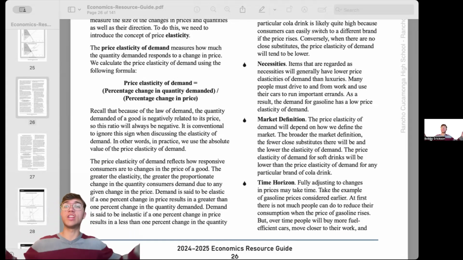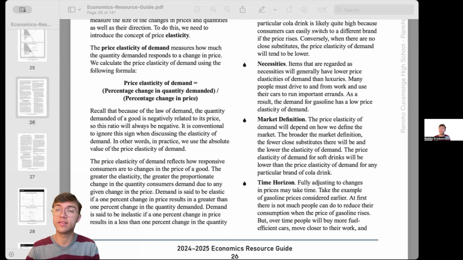So if you just take soda as a whole and say, here is the price elasticity of demand for all soda, there are not very many substitutes for soda. I mean, you could go over and maybe say juice or something, but that's the closest substitute, really, and you still want your soda.